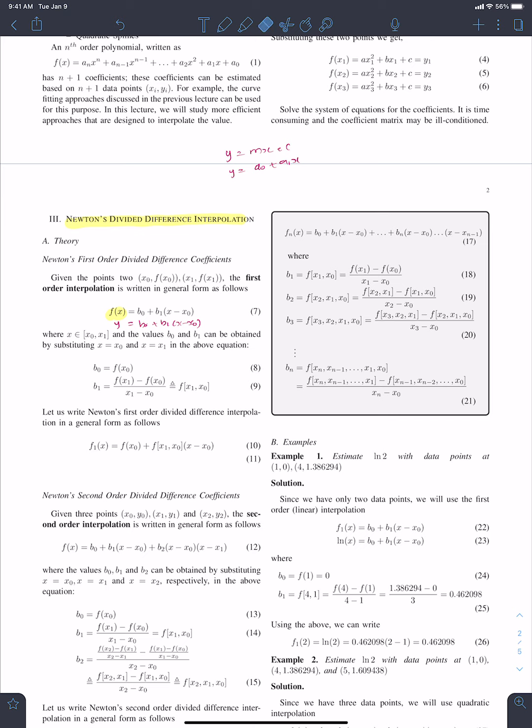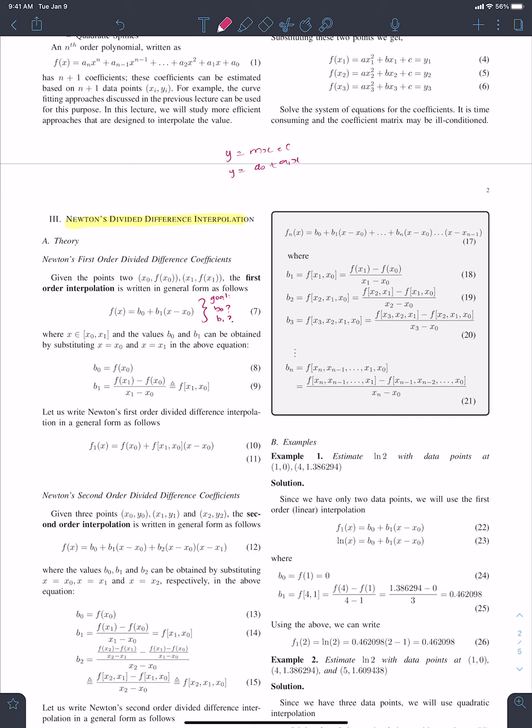So we are going to definitely make use of the fact that x0 is known. You'll see why. The goal here is to find what b0 and b1 are. That's all we need to know.